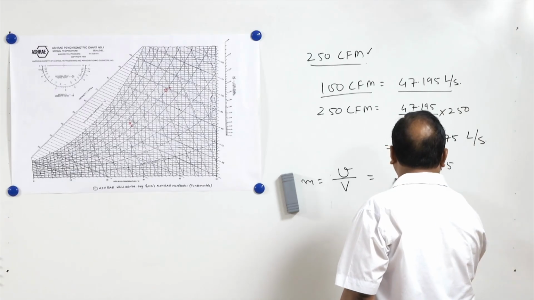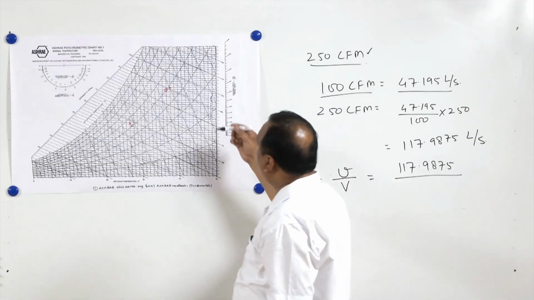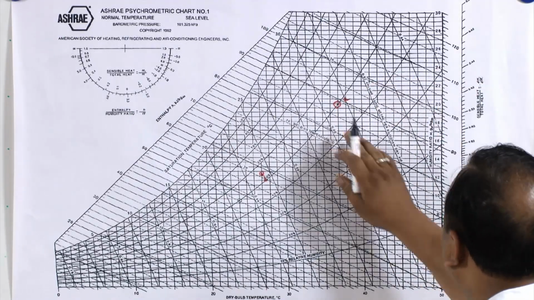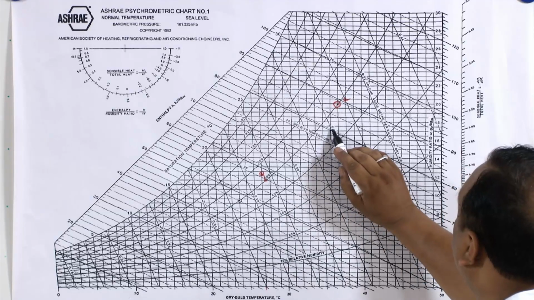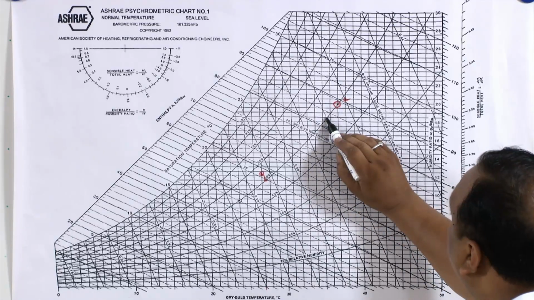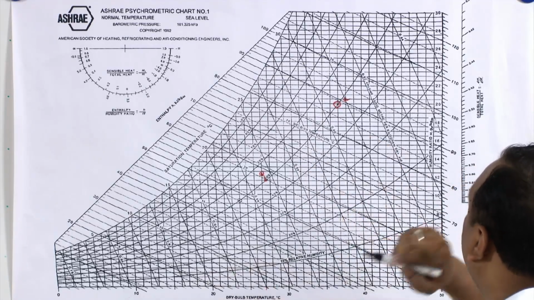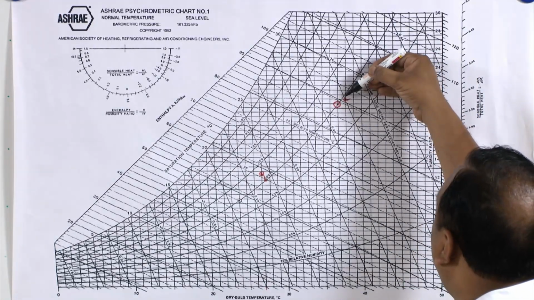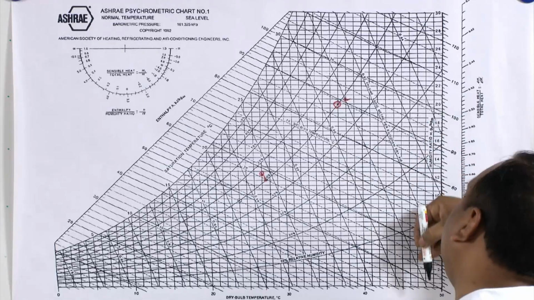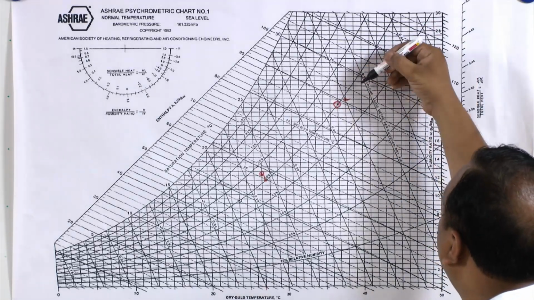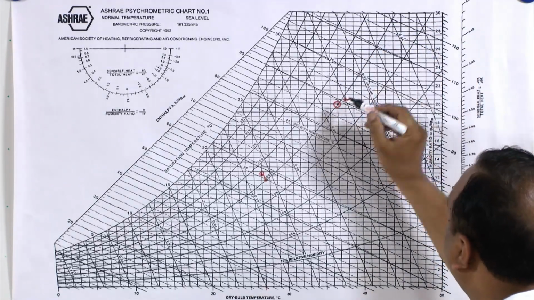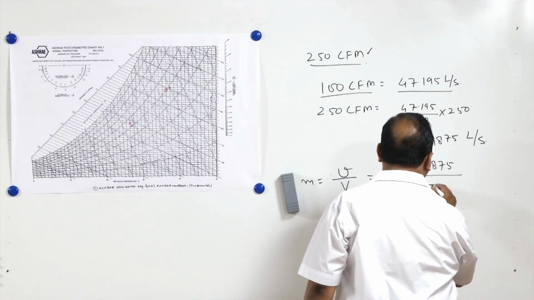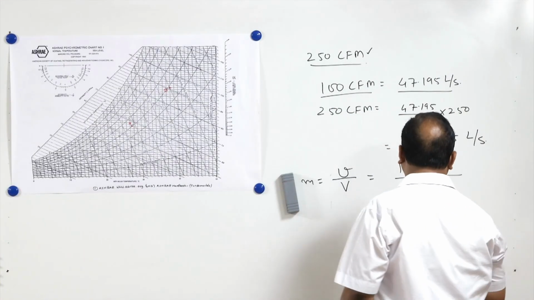So mass flow rate is 117.9875 divided by the specific volume of air at outdoor condition. Now at the outdoor condition, the specific volume here is 0.90, this is the 0.90 meter cube per kg line, and this one is 0.91 meter cube per kg. So this is going to be approximately 0.9075 meter cube per kg.